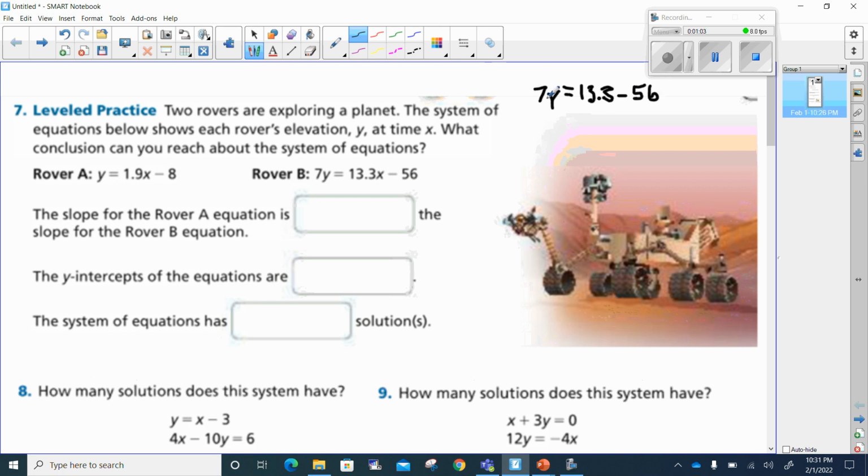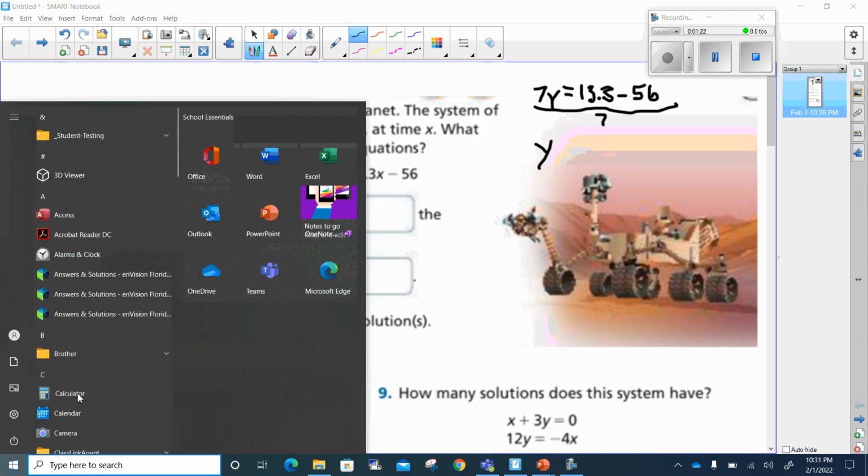Since we need y to be 1, we're going to divide everything by 7. 7y divided by 7 is y. We have 13.3 divided by 7. We'll get the calculator out for that one.